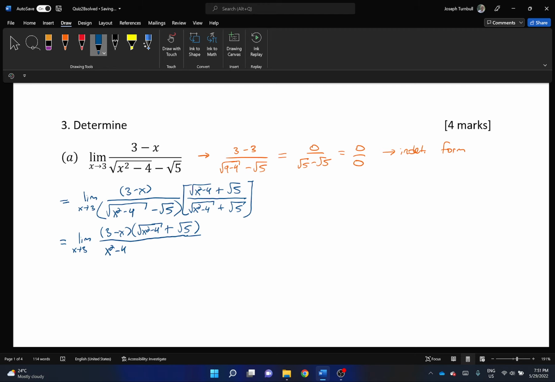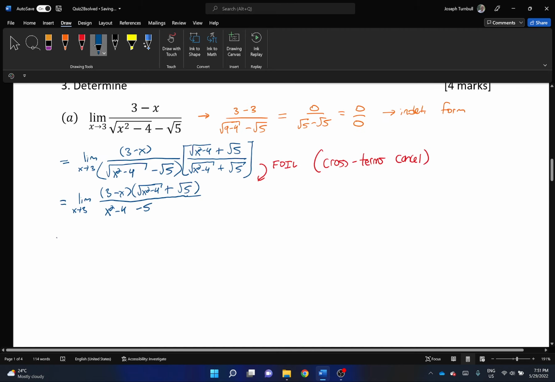And then we have the negative root 5 times the positive root 5, which will be minus 5. So we FOIL, and then cross terms cancel. Our limit operation is still there.